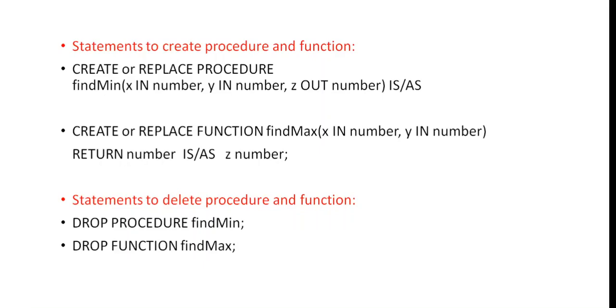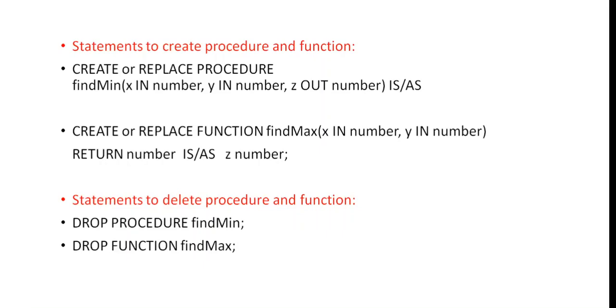Then we have seen different examples of procedures and functions and how to call them from a calling block. While calling a procedure from any block, we need to write the procedure name and then all types of parameters, that is, input parameters and output parameters.